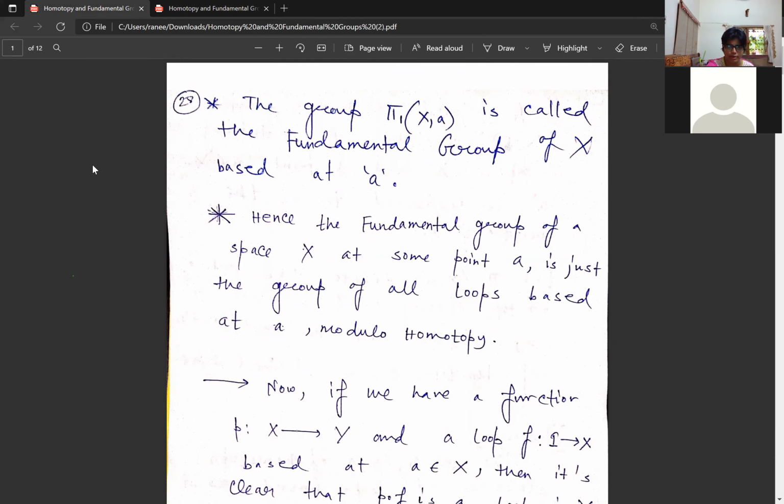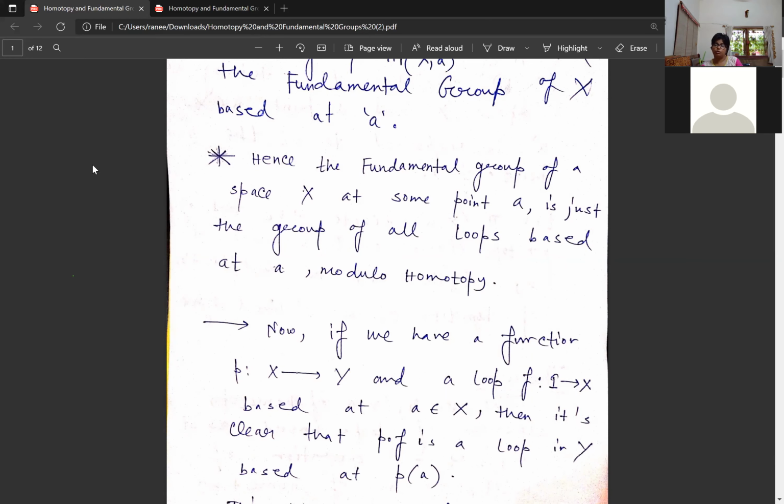So you can probably also look at this matter. That's what I was trying to say when I was proving the associativity property, that instead of just taking the class of loops, if you take just the loops, right?